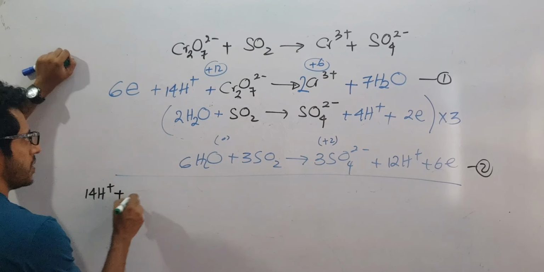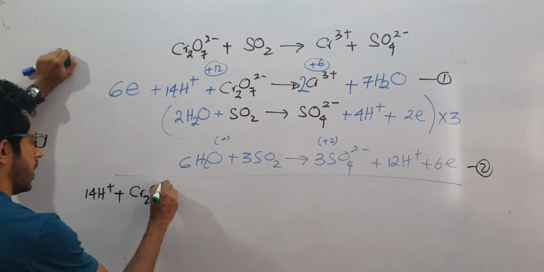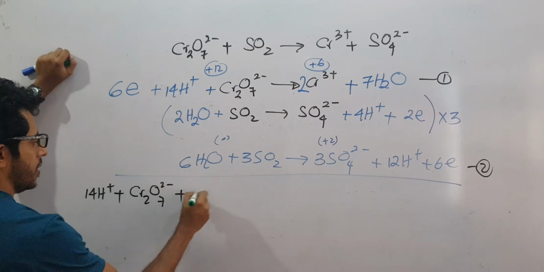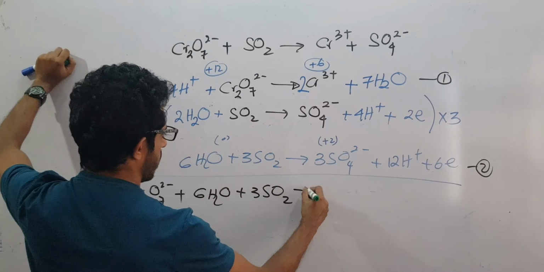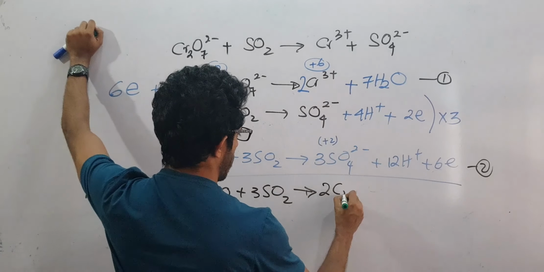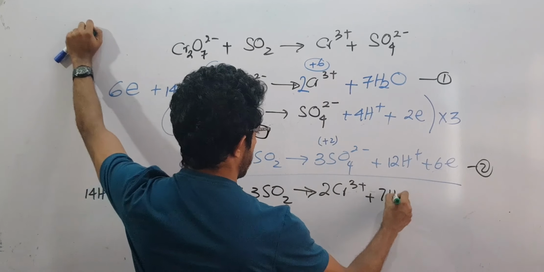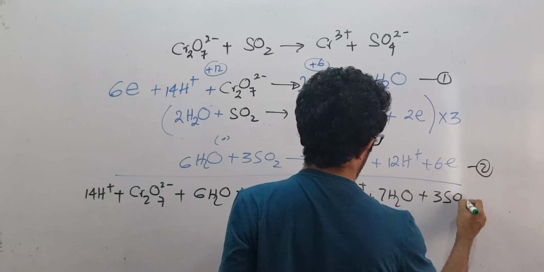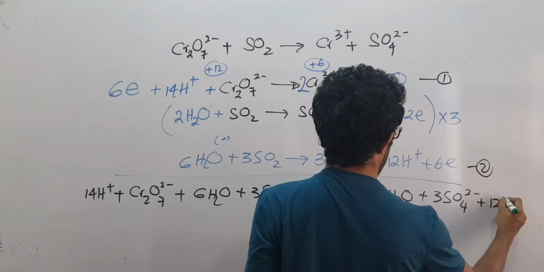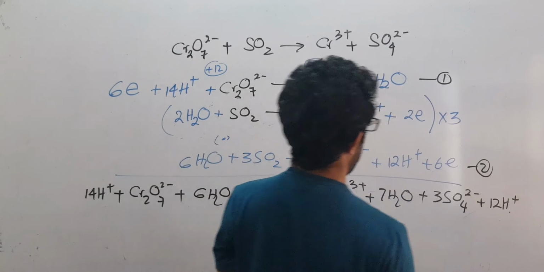So 14H plus, Cr2O7 2 minus, plus 6H2O, 3SO2 gives you 2Cr3 plus, 7H2O, plus 3SO4 2 minus plus 12H plus.